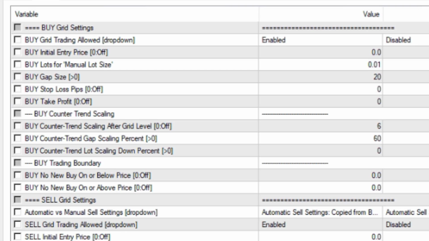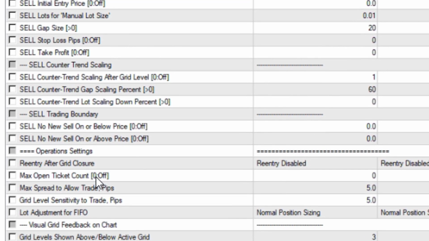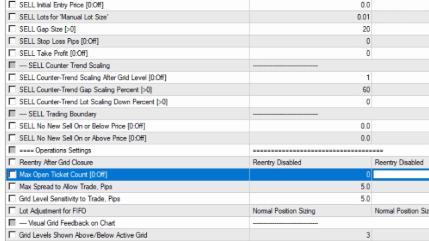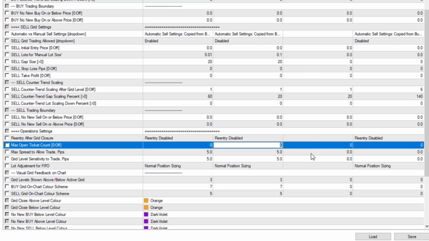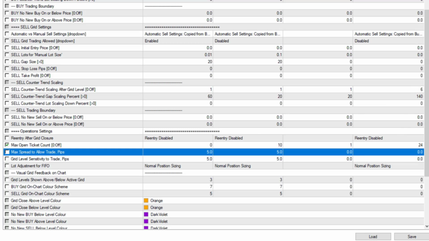Then there's another one here called the maximum open ticket count. And what we can do there is we can actually also test that. So maximum open tickets, I'm just going to run from 10 to, let's say, 24, and let's see if that one adds any value.